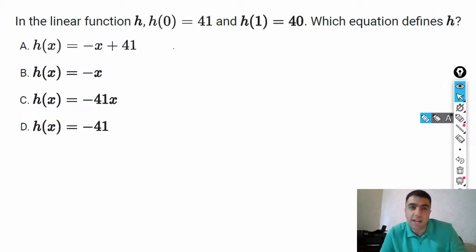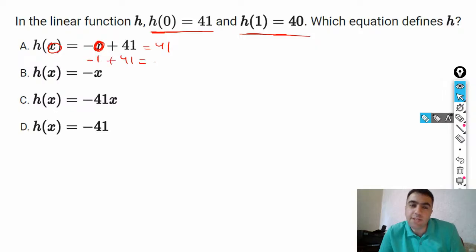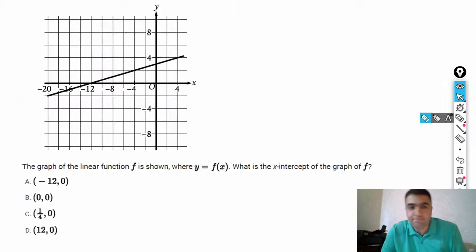We see that in these equations, h(0) is equal to 41 and h(1) is equal to 40. If we write 0 here, we see that it is 41, right? And if we write 1 here, negative 1 plus 41, and it's equal to 40. So this is A. You all were right, guys.